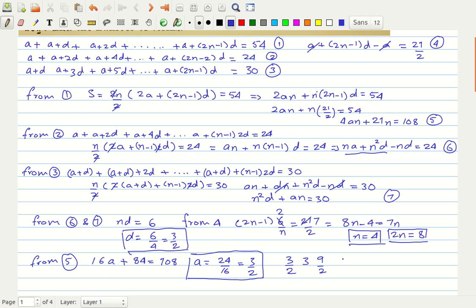So the sequence is actually 3 by 2, 3, 9 by 2, 6, 15 by 2, 9, 21 by 2 and 12, right? So this is the exact arithmetic progression. And we are done.